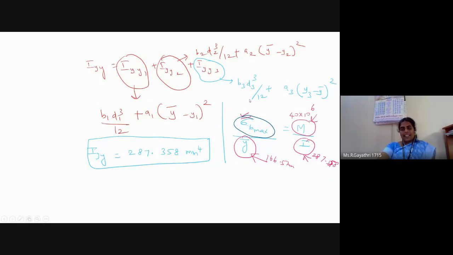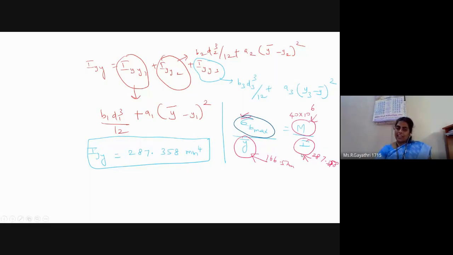IYY3: B3 D3 cube by 12 plus A3 of Y3 minus Y bar the whole square. You can write bigger one first and the lower one. Anyhow, you will square it, so no change in the answer. But if you put the bigger value first, then you can subtract lower value from the bigger one.